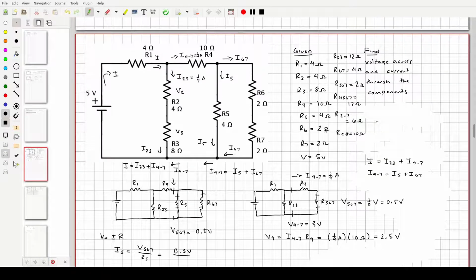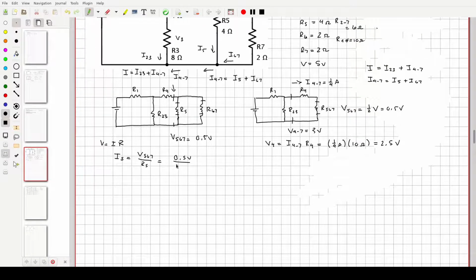R5, if you go over here and you look, is 4 ohms. That's a half times a quarter, which is an eighth. So that's going to be 1/8 of an ampere. Okay, so here's what we have. We have the voltage across and the current through component 5.